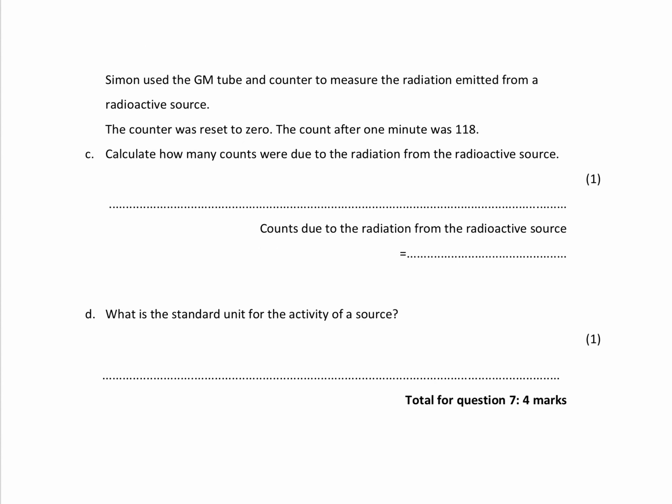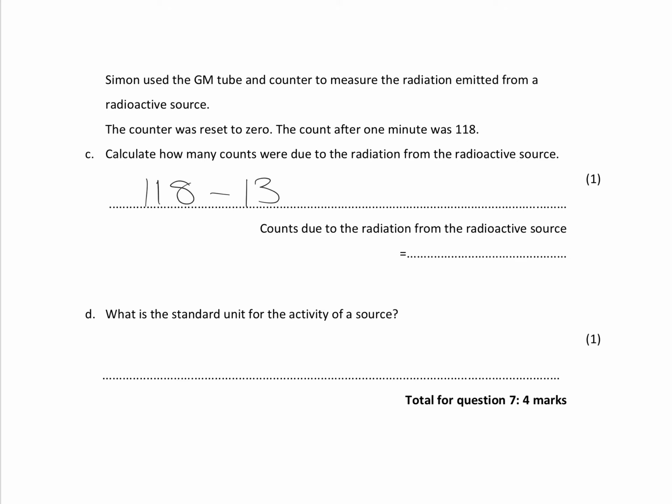So we've now introduced a radioactive source, and we're measuring the activity of that source. And it asks us to work out how many counts were due to the radiation from the radioactive source. Well, we know that the count in the 1 minute was 118, so that's 118 counts per minute, but we also know that there was an average background count of 13 counts per minute.